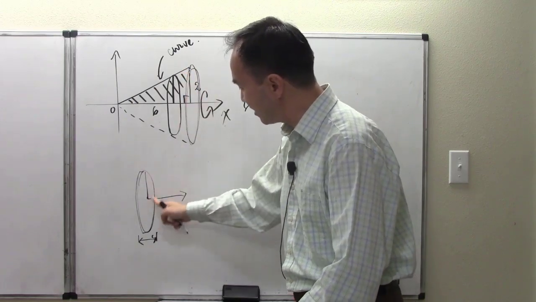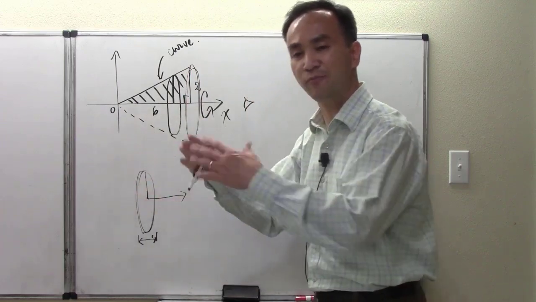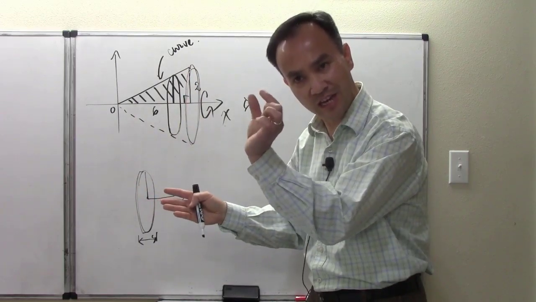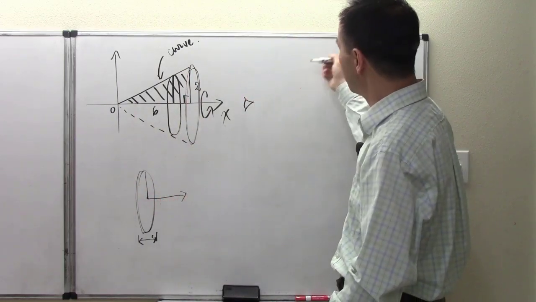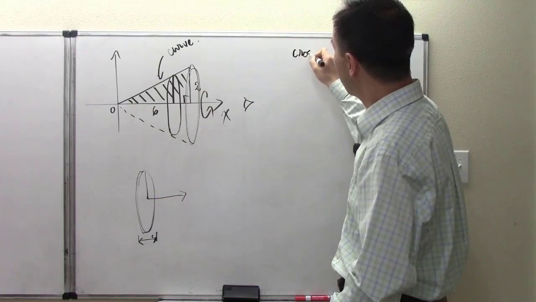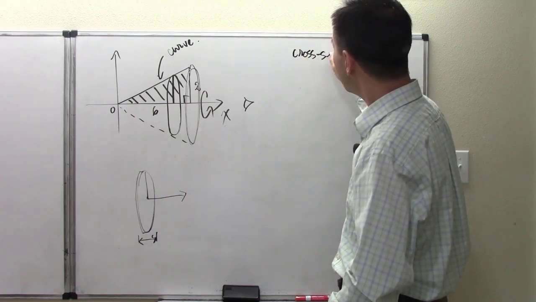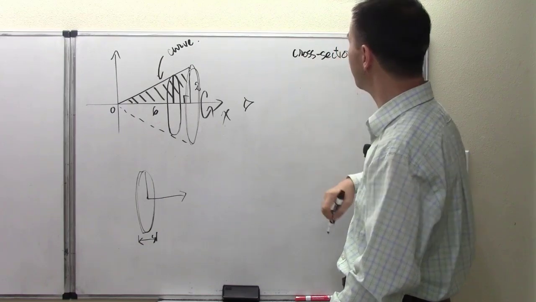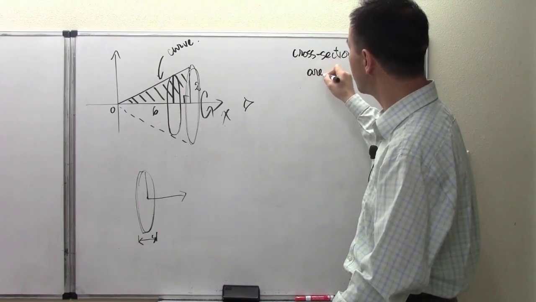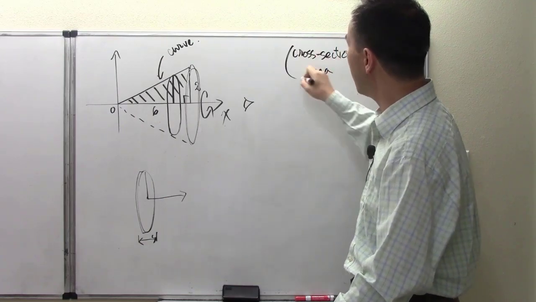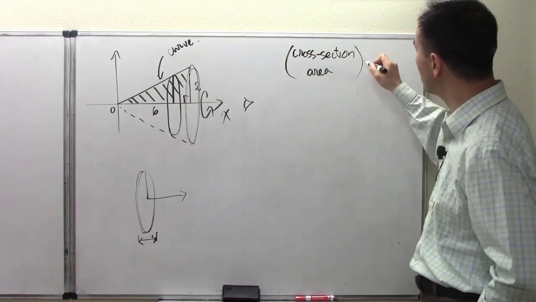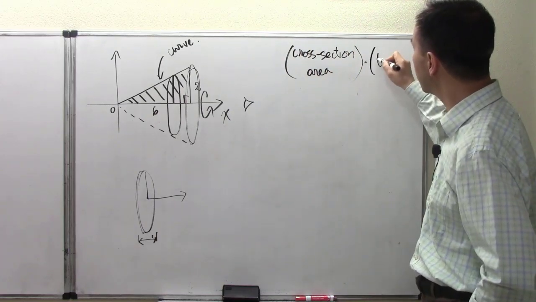Once the area is multiplied with thickness, we end up with a little volume of a thin disk. Just like in the general lecture, what we need fundamentally is to find the cross-section area, and once we find it, we multiply by the thickness.